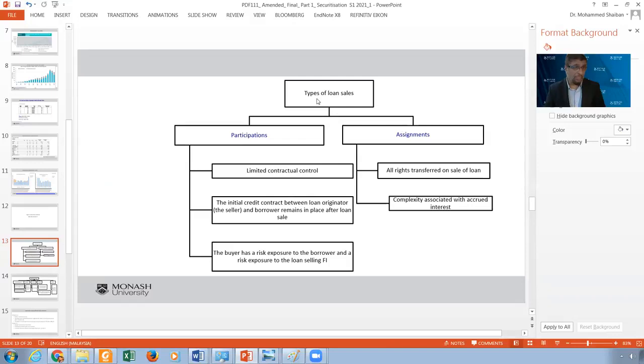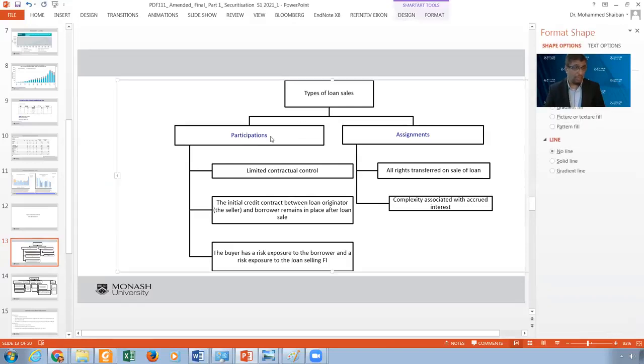Participation is an arrangement, a type of contract, that tells the buyer: buy the loan, and if there is any problem, give it back to me. If the borrower is not paying, I am still responsible for the credit risk. The other term we will talk about is sell with recourse.